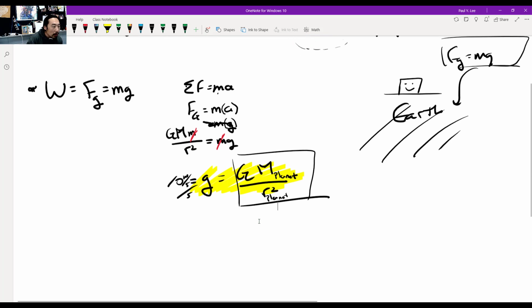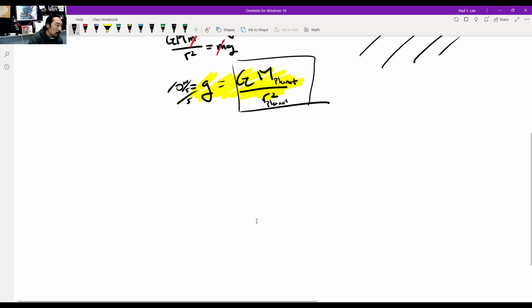If you know those two values, you can find the acceleration due to gravity for that planet. Another way of coining this term, instead of g as acceleration due to gravity, g is also known as the gravitational field strength.